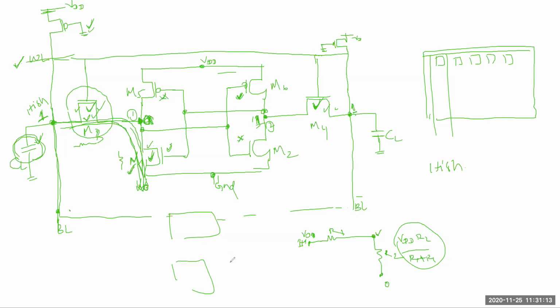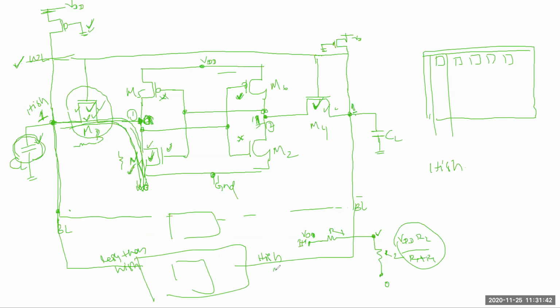Now if you connect some other circuit here, which we will discuss as the sense amplifier, it will check the difference between two nodes. This is high voltage and this is less than high.